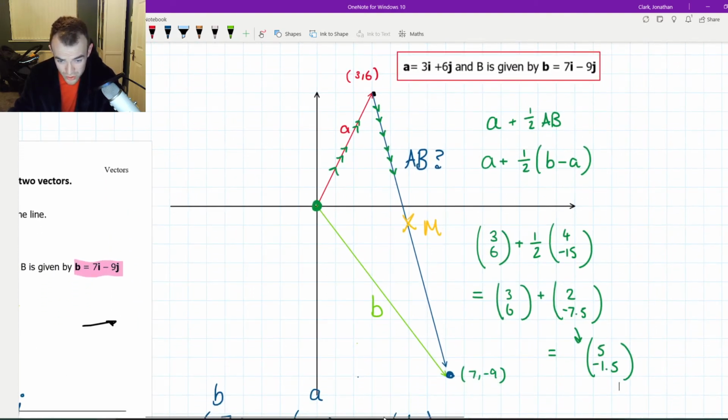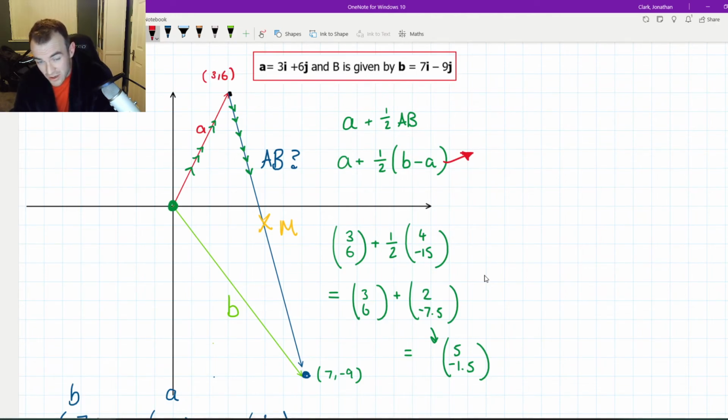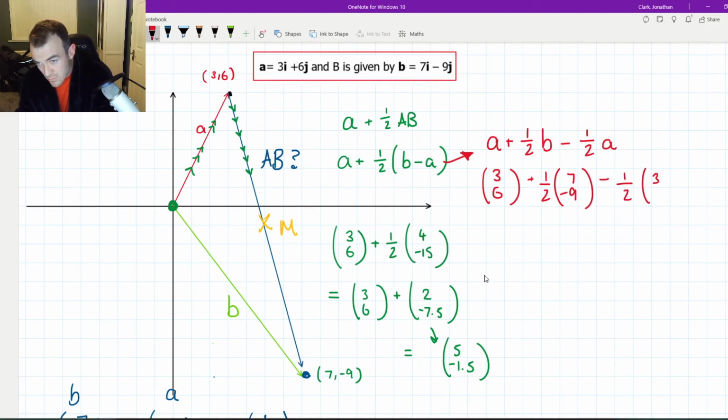What we could also do is individually plug in B and A here. So I could even treat this like algebra. I could say I'm going to expand this bracket and work this out. So I could have 3, 6, plus half of 7, minus 9. That was the vector for B. And this should work out the same as well. Let's do this just to clarify that it works exactly the same.